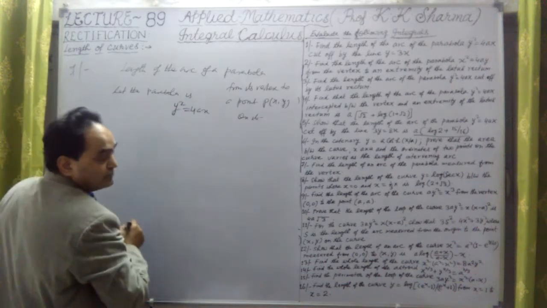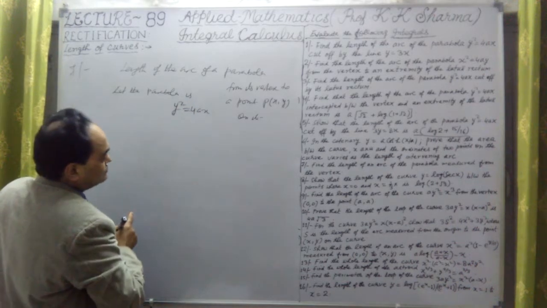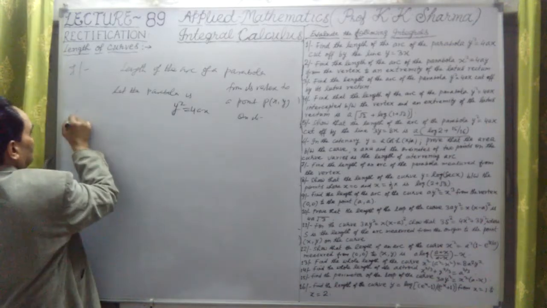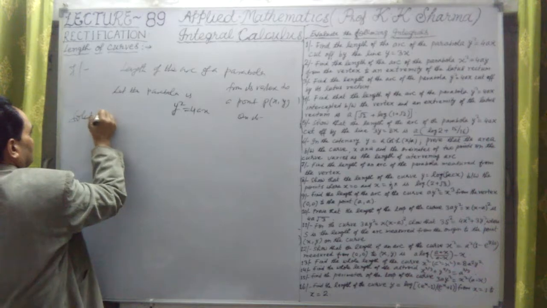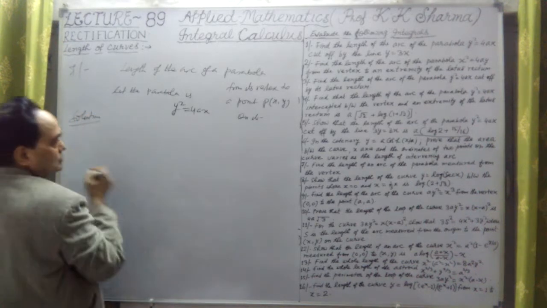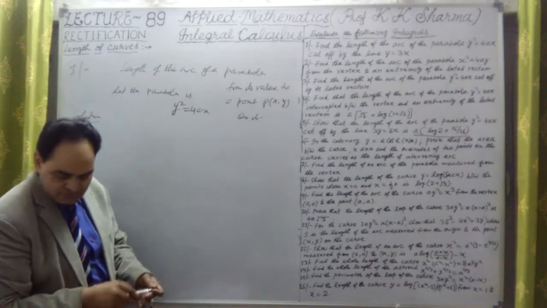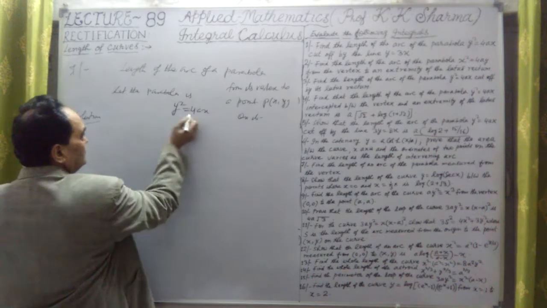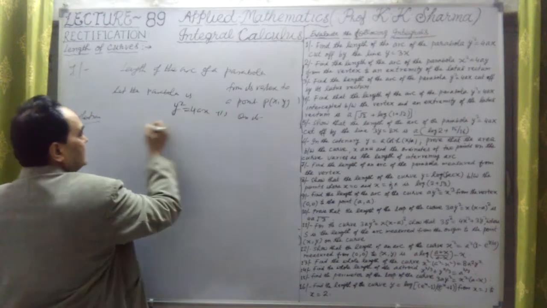From 0 to y, here for the y coordinate we have to take dx/dy with respect to y. If I differentiate it, so this we have to differentiate with respect to y.